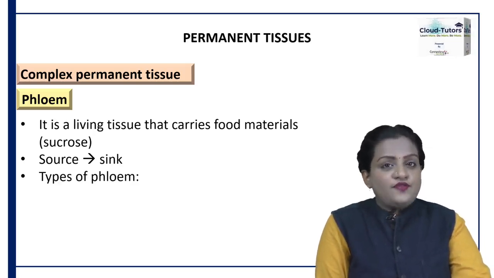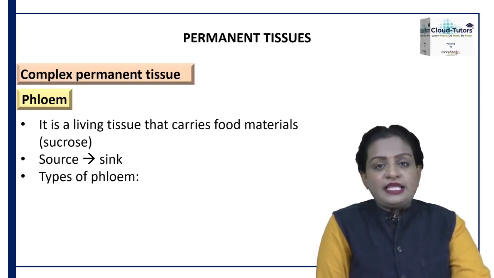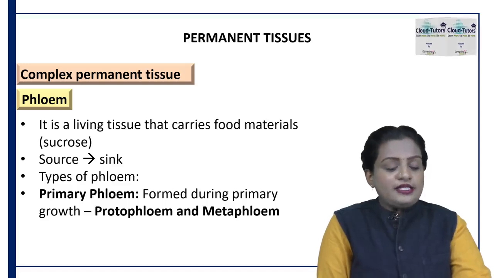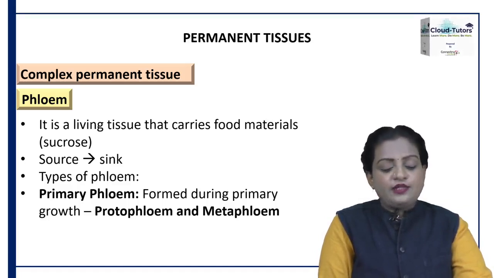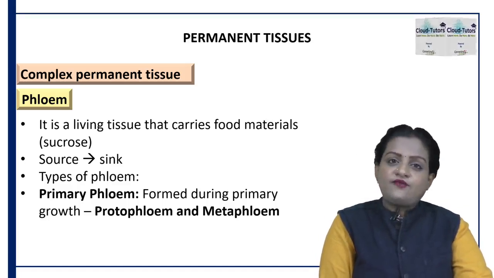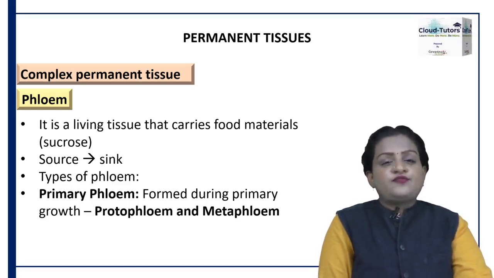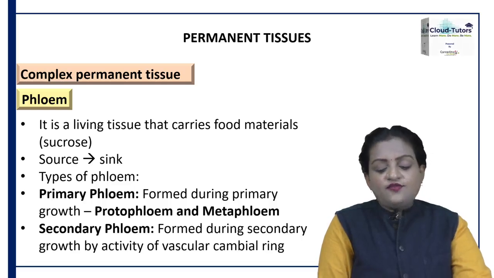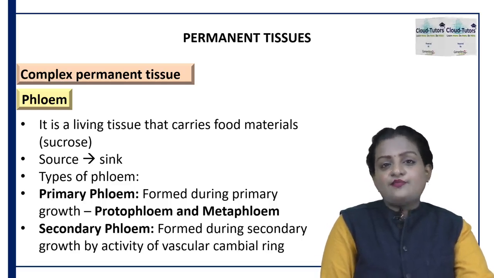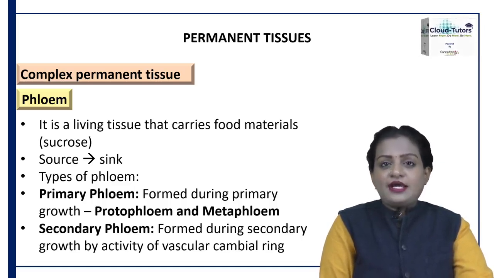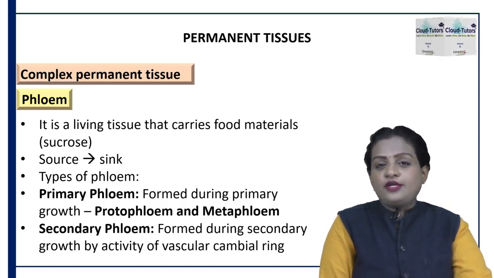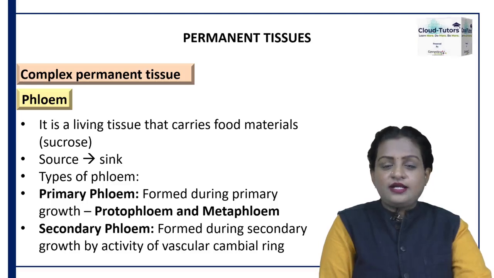Next we have types of phloem. There are two types, primary and secondary. Similar to xylem, primary phloem is the one which is formed first, and it can be protophloem and metaphloem based on which is formed first. Secondary phloem is formed later and by vascular cambial activity. There is no arrangement as such in phloem, just we saw in xylem.